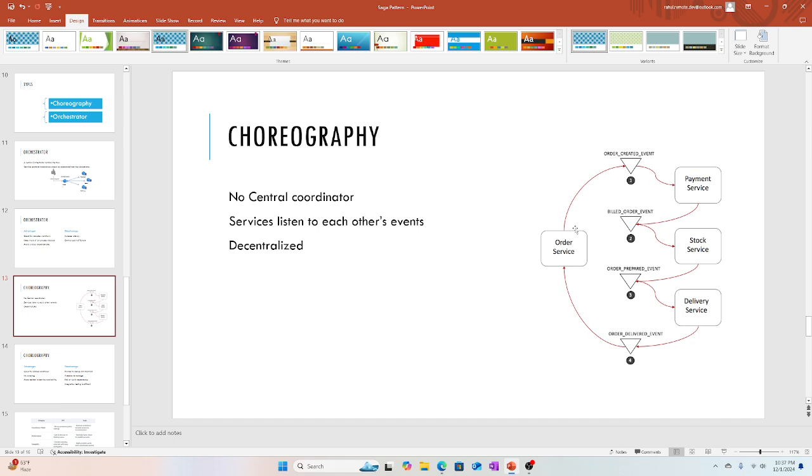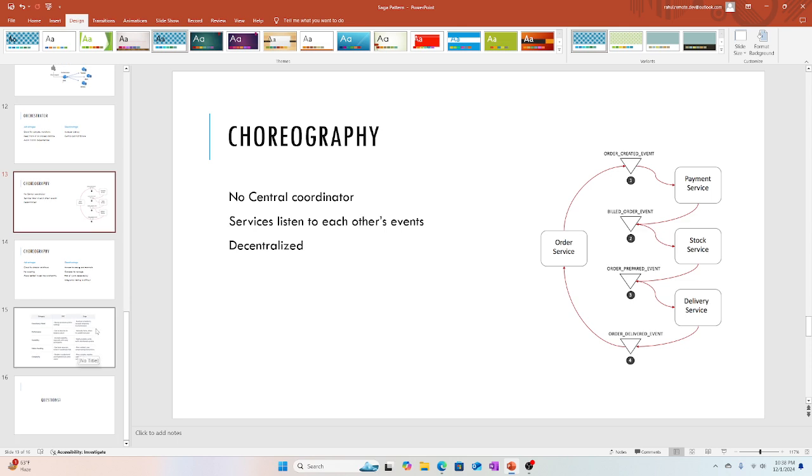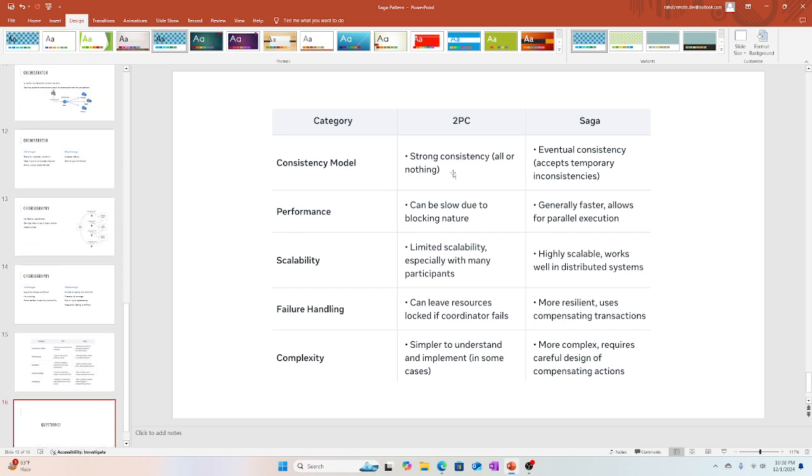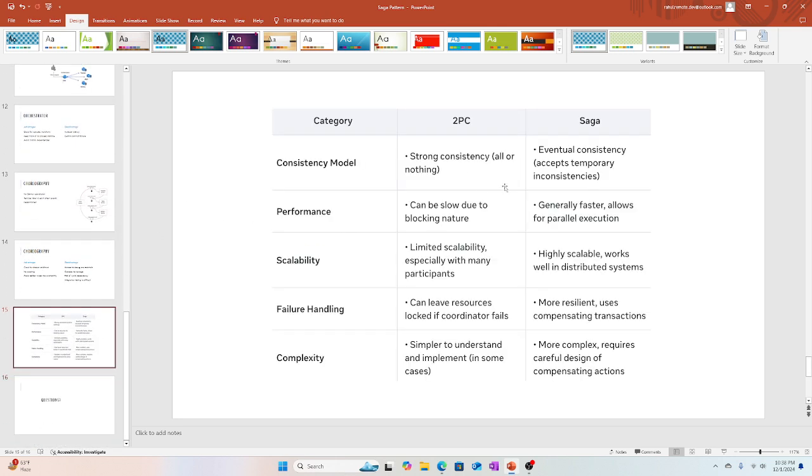And at the end of this, the order service will get an event of failure, and that event is listened to by the user. So this is the flow in both patterns. So now we can discuss both patterns, 2PC and Saga pattern.